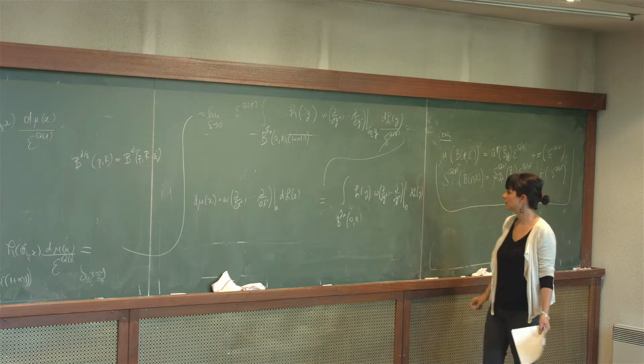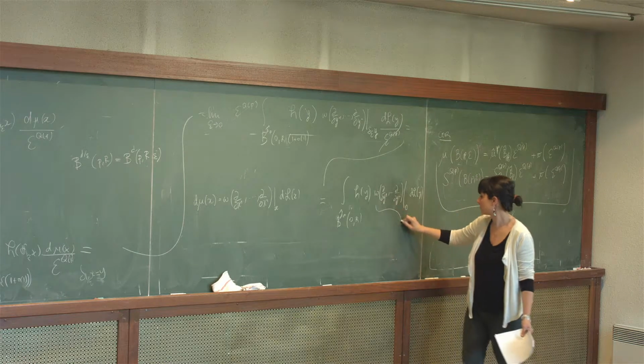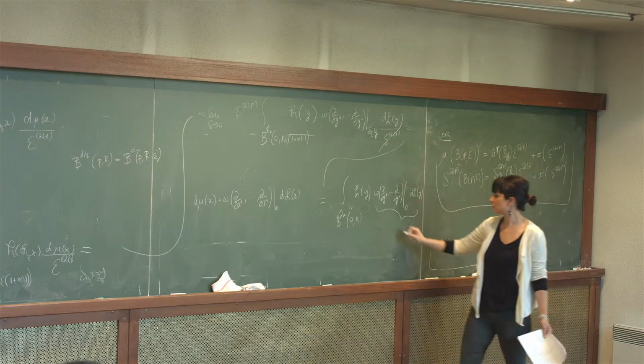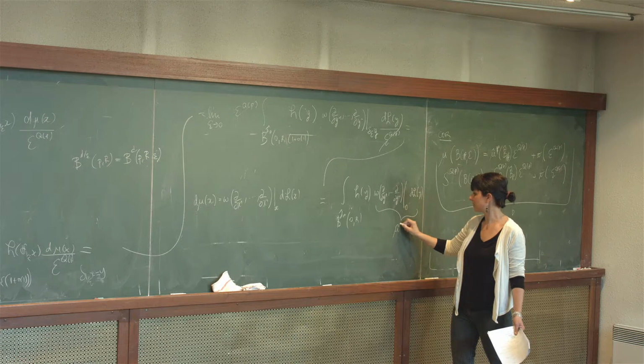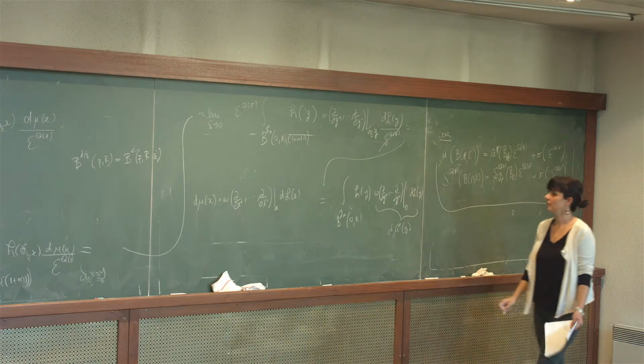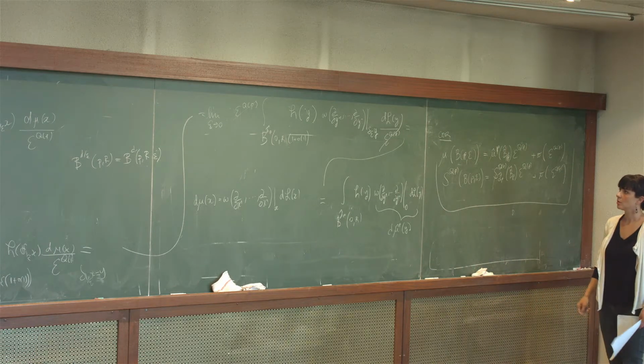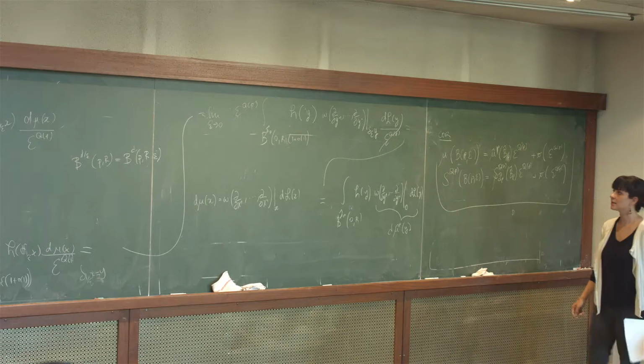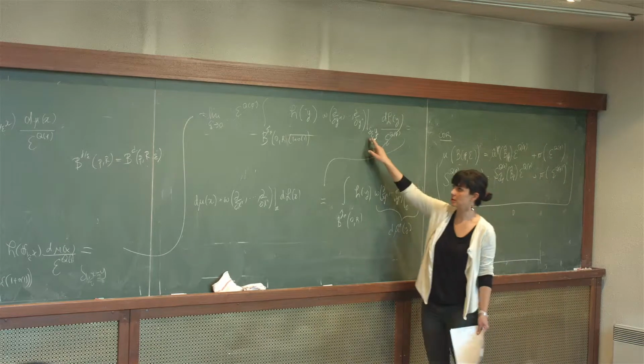And by computation, it is possible to see that this measure is exactly mu-hat p of y. So I get what I wanted. And the key point is the continuity.